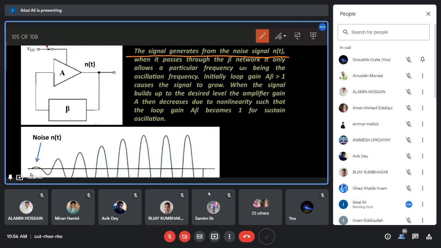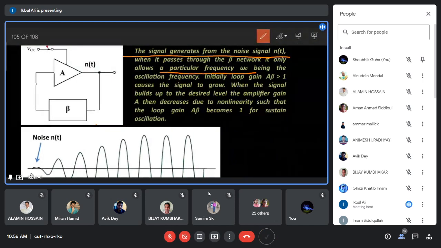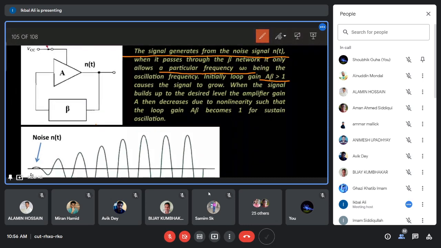When it passes through the beta network, it only allows a particular frequency omega 0, being the oscillation frequency. Initially the loop gain A beta is slightly greater than 1, which causes the signal to grow within this loop. That noise signal, each traversal of the loop, will grow up at this point.